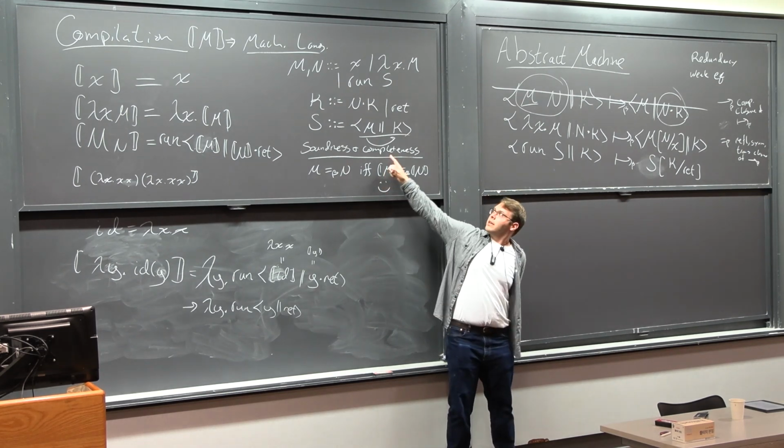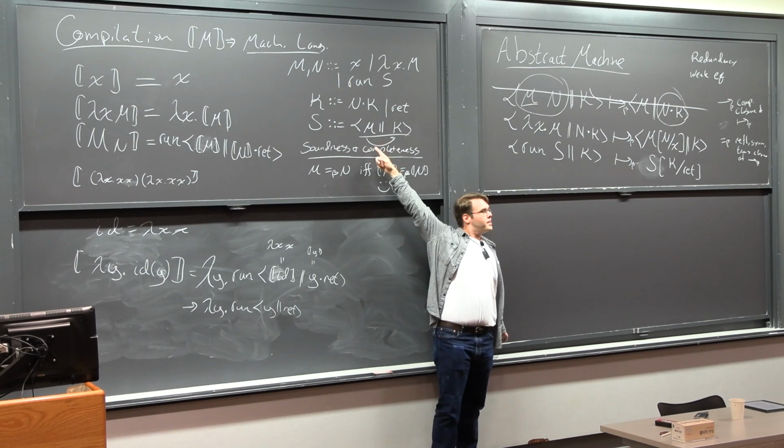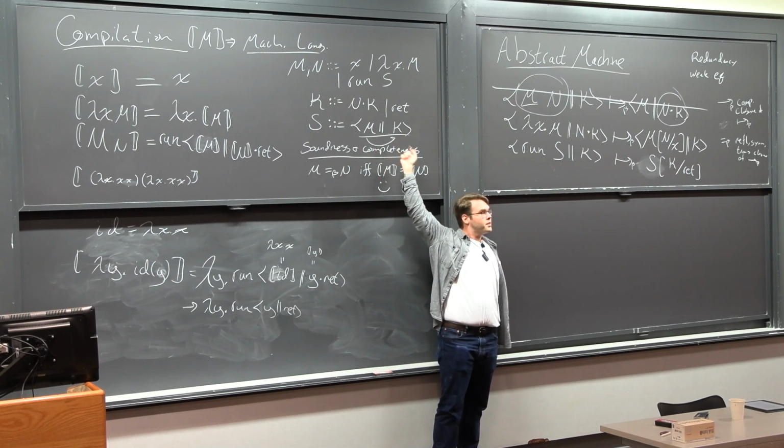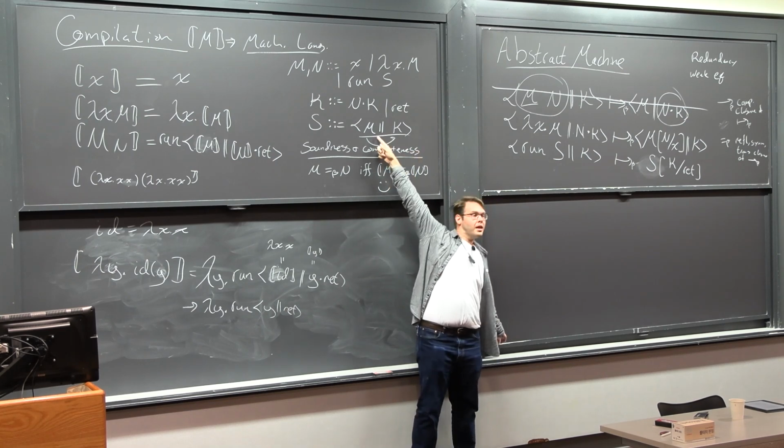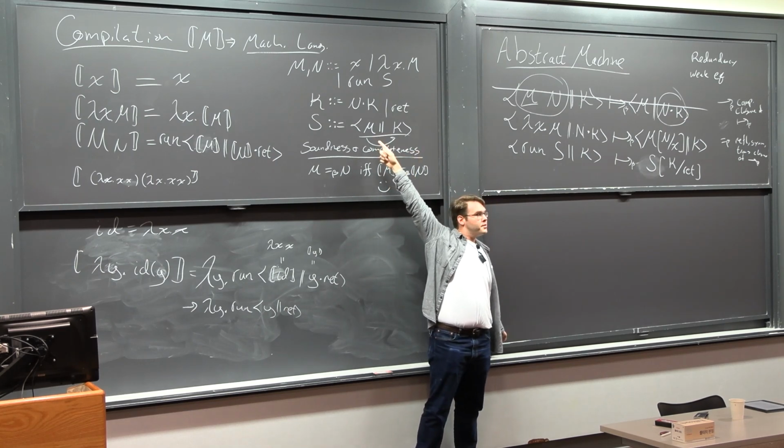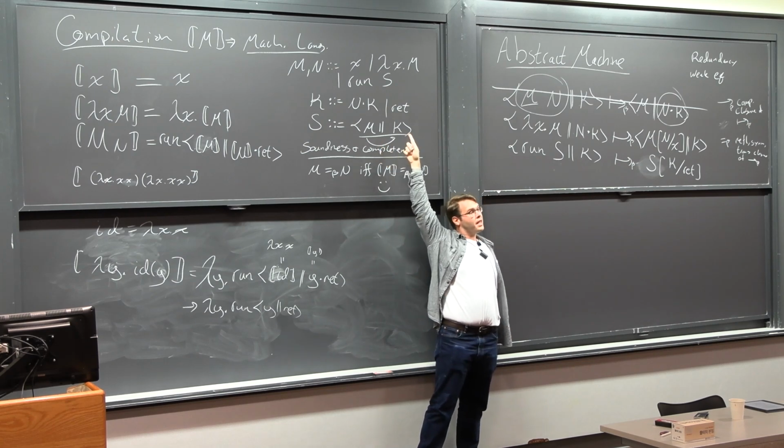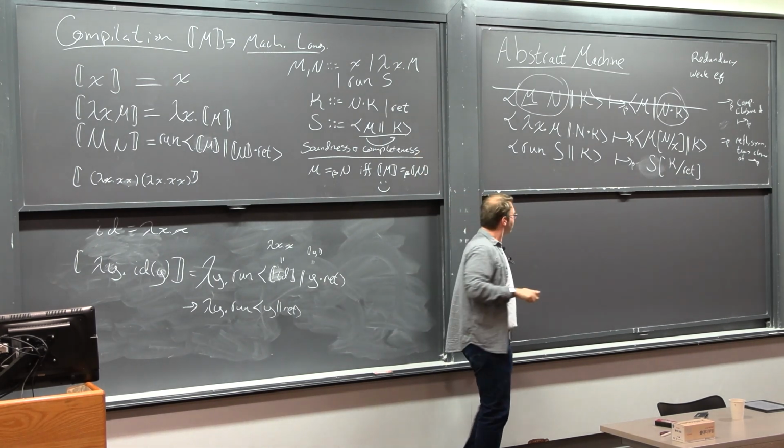So when would it make sense for me to put together a term and a continuation? Well, if the result that the term returns is the type of the thing the continuation expects. That means I have to be able to specify what type of output M gives, what type of input K expects, and they should match.